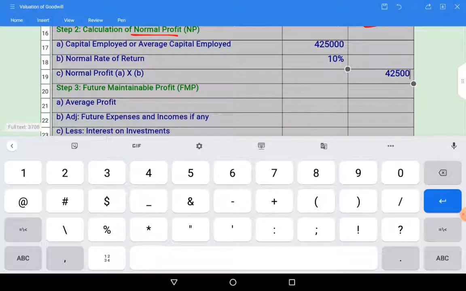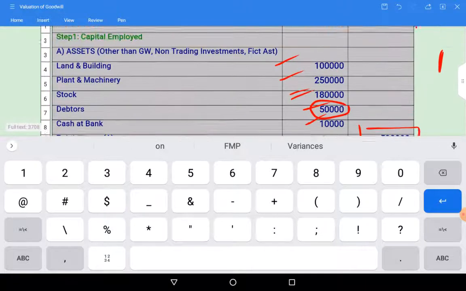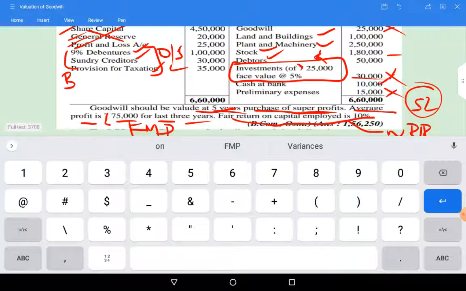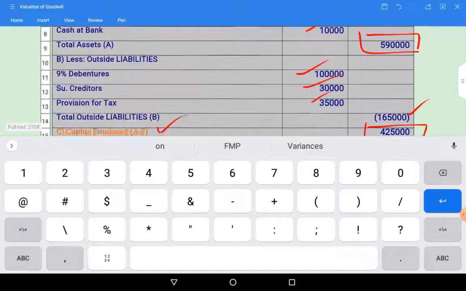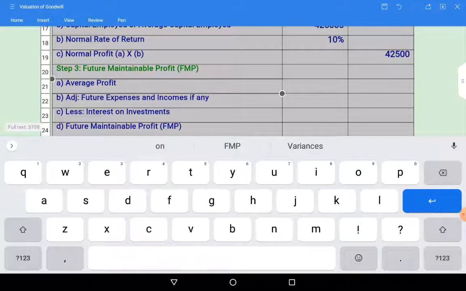And later we need to calculate the average profit of the past how many years. They said average profit of the past 3 years is 75,000. So we will take that amount.